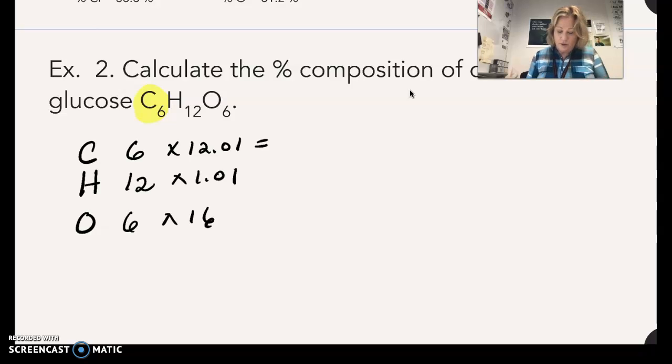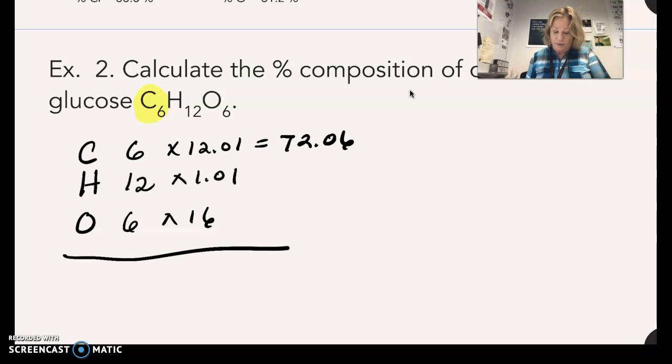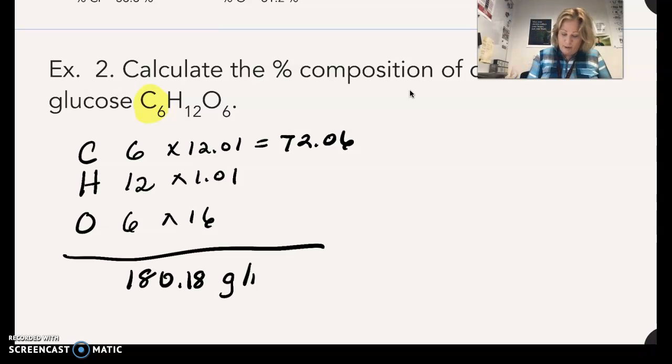This time I'm only showing my work here just for carbon, because that's the number I'm going to focus in on, although I do have to do the rest of the calculations. When I do that, I should get a molar mass of 180.18 for that whole compound.